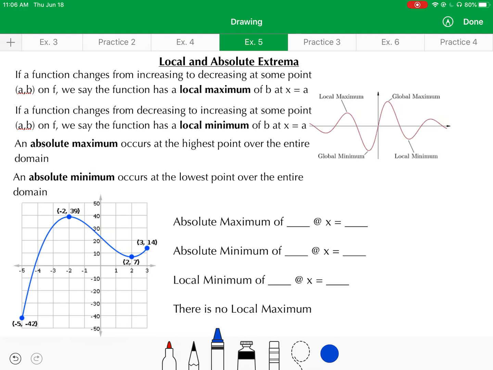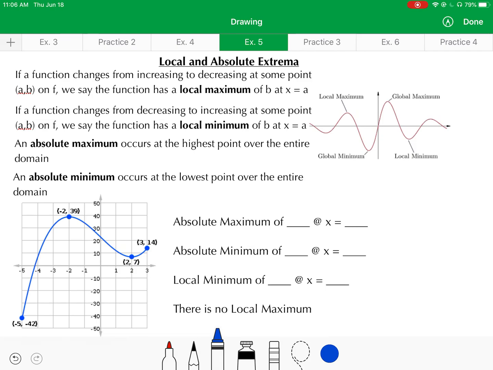All right, moving on to local and absolute extrema. We have concepts of local maximums and local minimums, and there's some really fancy definitions to go along with them, but I think you can graphically visualize them very easily.